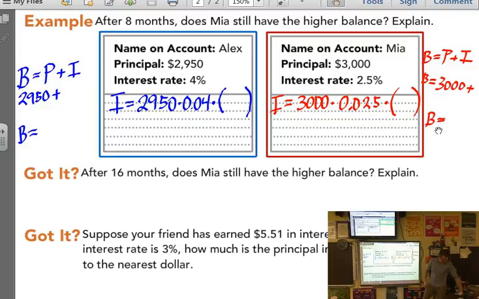All right, CJ, you are next in the stack. So we will start with Mia. I've got my formula here. Principal, rate, I need my time. What did you do for your time? Time is not 1 year. It's 8 months.